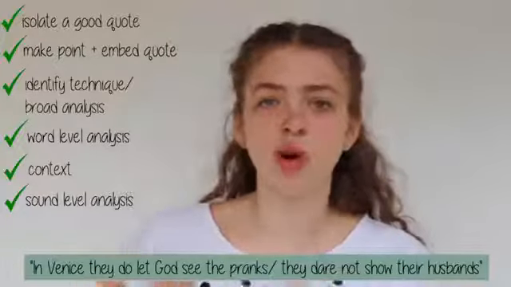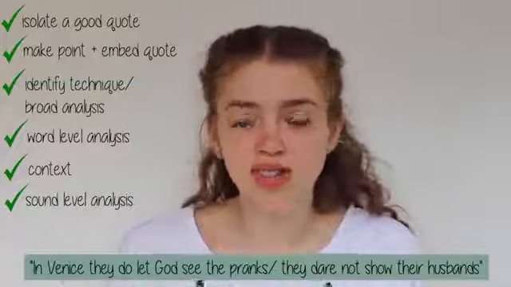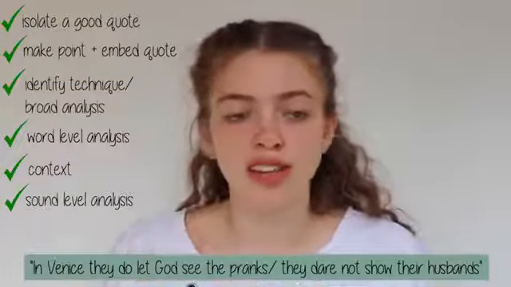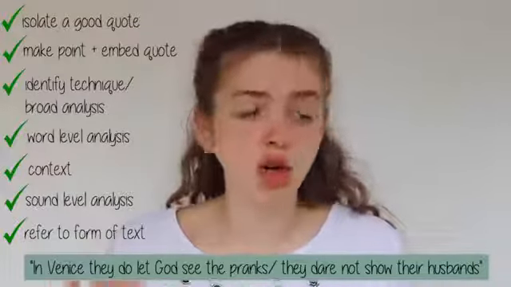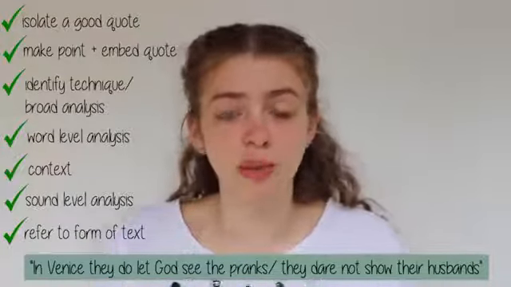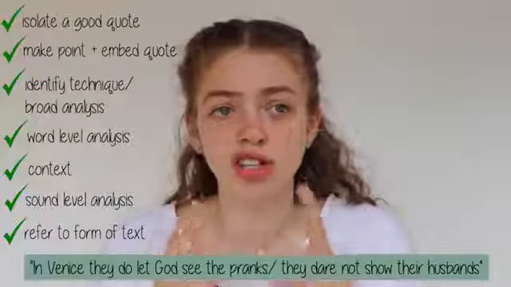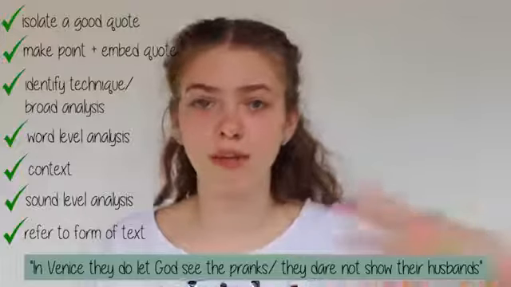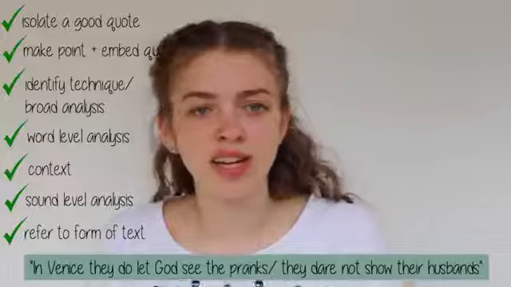So with that, I've got my word level analysis in, which is great. I've analysed some sounds. And also, another huge point is I have made reference to the form. So if it's a play, you've got to show awareness that you know it's going to be performed on stage and the implications that that is going to have on Shakespeare's choice of writing. And if it's a poem, you're going to think, okay, maybe it's a sonnet, and a sonnet is written for love.